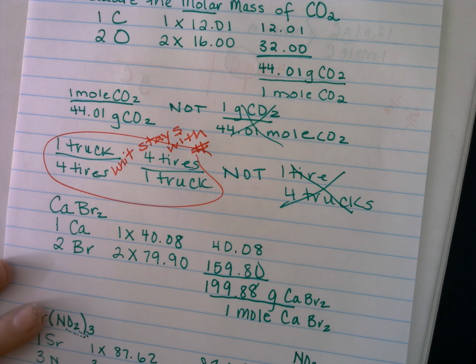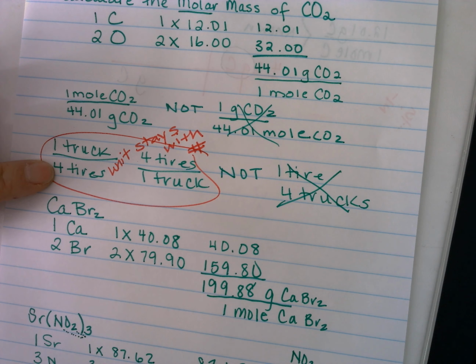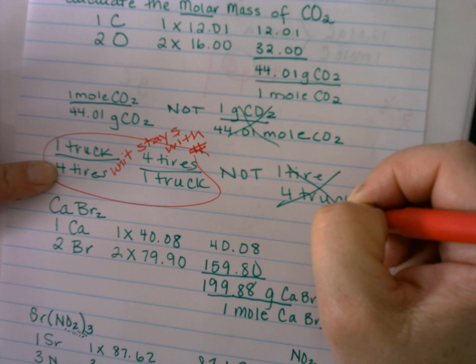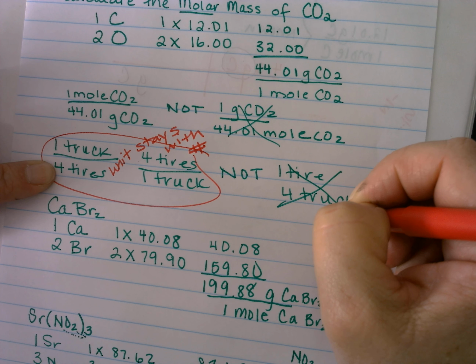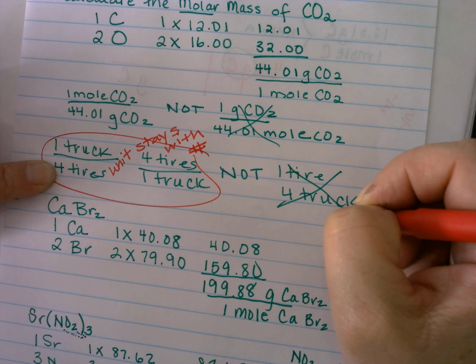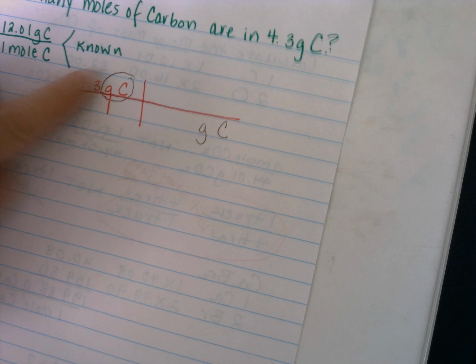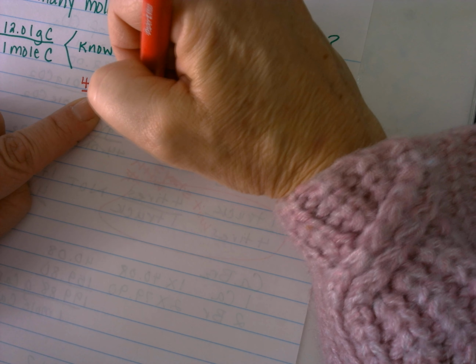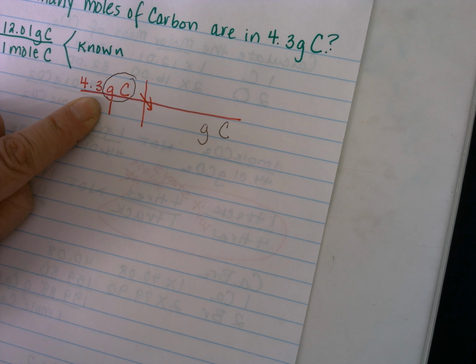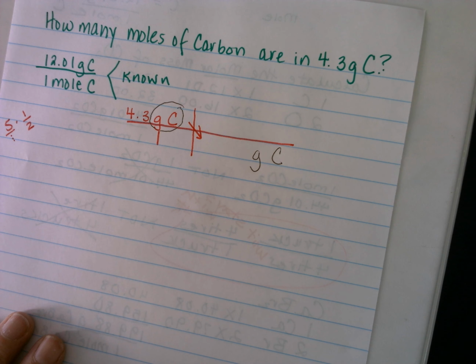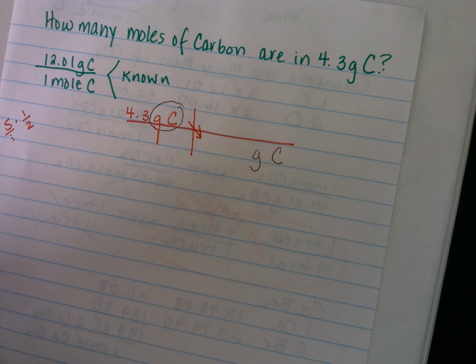So you cannot say 1 truck 4 tires is the same as 1 tire with 4 trucks, because you have to keep the number with the unit. Those are your 2 rules. That's it. The first is whatever's up on top goes diagonally down to the bottom. And the second rule is the unit has to stay with the number. Okay? All right. Let's go.